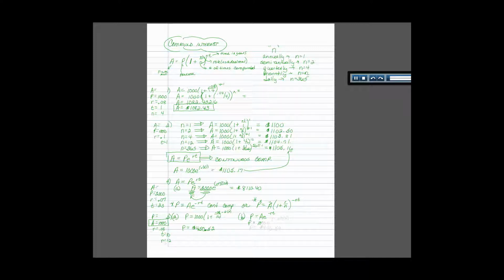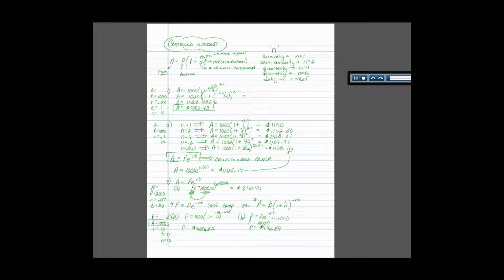The amount we want to get back at the end is $1,000 times e raised to the negative 0.07, and we're also going to leave it in for 10 years. So you put that into your calculator and you're going to get P equals $496.59. So you're going to pay a little bit more for it. It's paying less interest here, so it's going to cost you a little bit more to get the 1,000 back.